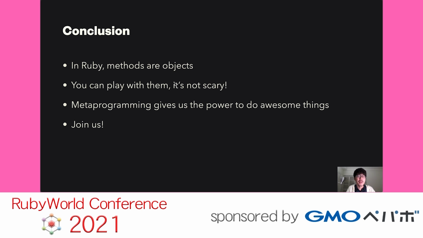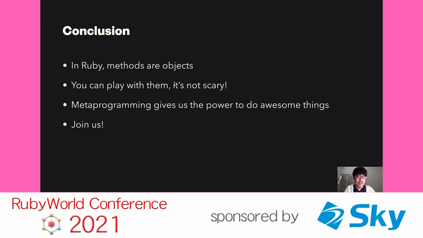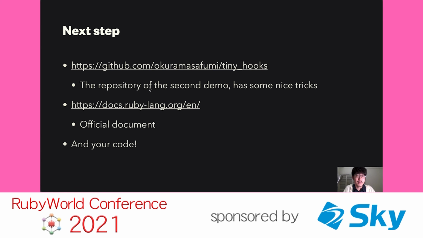Therefore, after listening to my talk, if you are convinced, or if you think that this is great, I'd like to invite you to join us. And this is what I'd like to tell you personally.